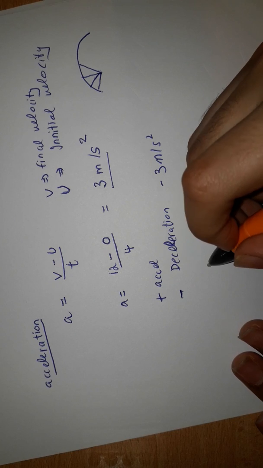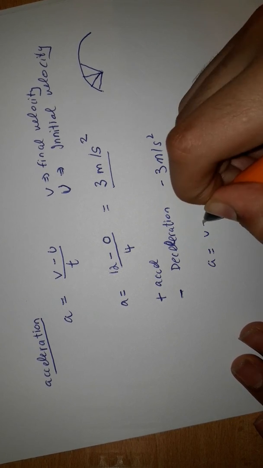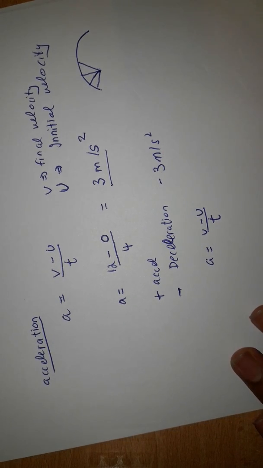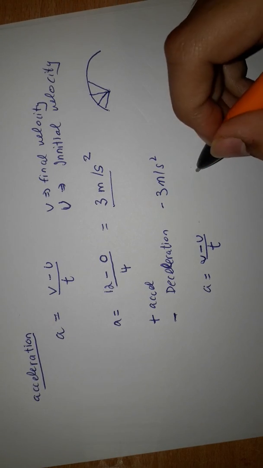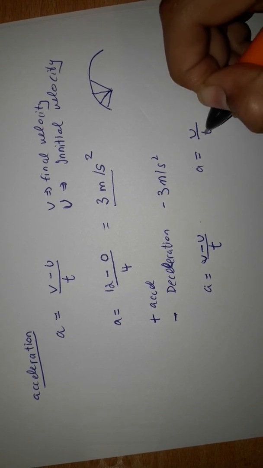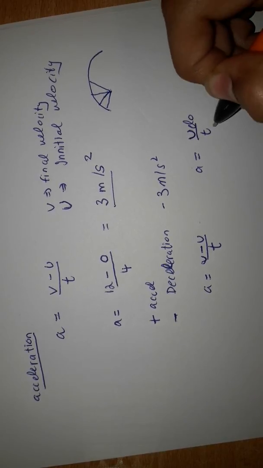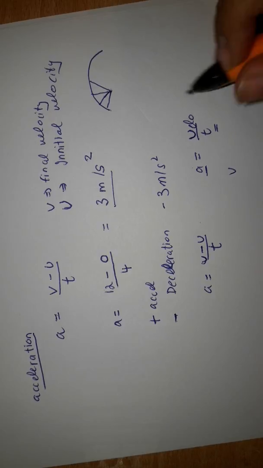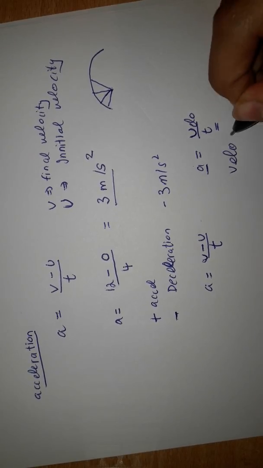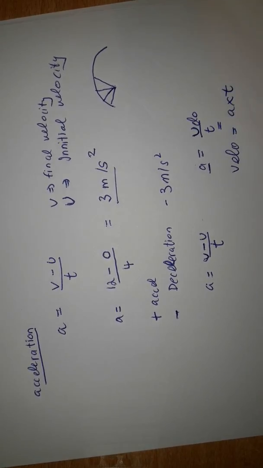So that is known as deceleration. Now, if we look back at the formula for acceleration, which is v minus u divided by t, v minus u will just give you velocity again, right? So you can just write it as v by t. So if you're given acceleration and time in a question and asked to find velocity, don't get confused. Velocity is just acceleration into time.